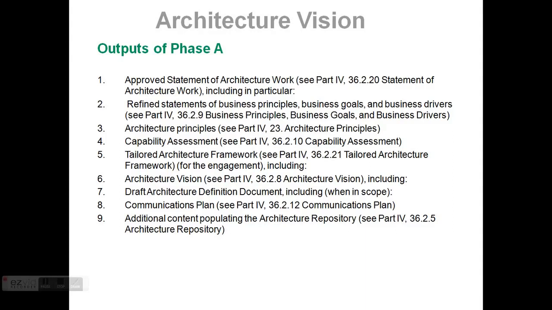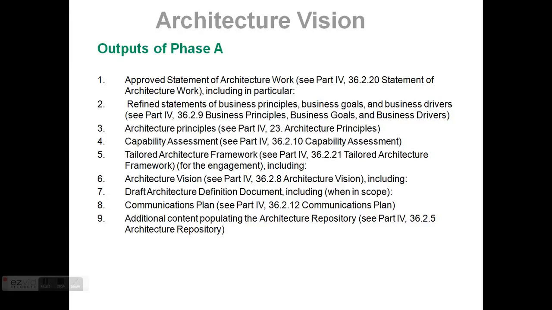So a refined statement of business principles, business goals, and business drivers is another document. We need an architectural principles document. We need a capability assessment document. We need a tailored architectural framework. I've already discussed all these documents in the steps in the previous slide.